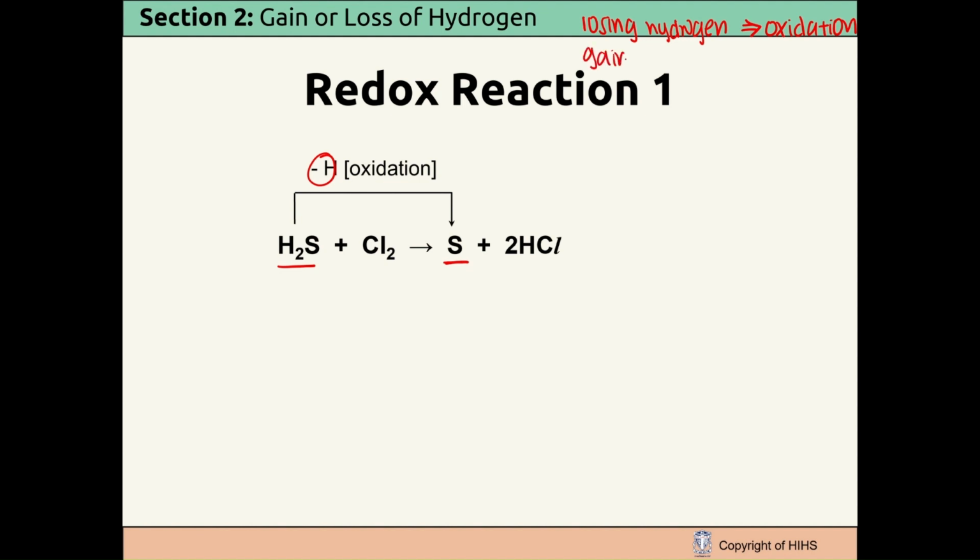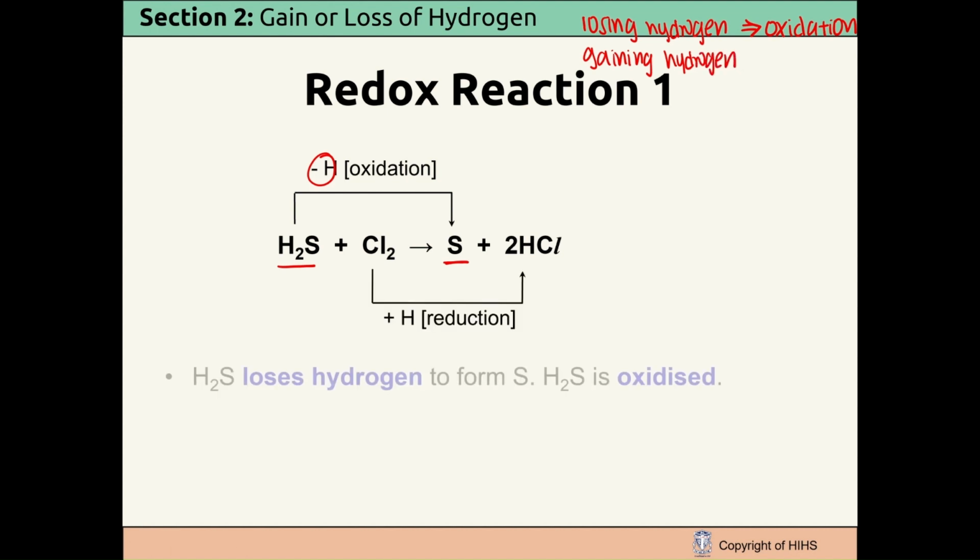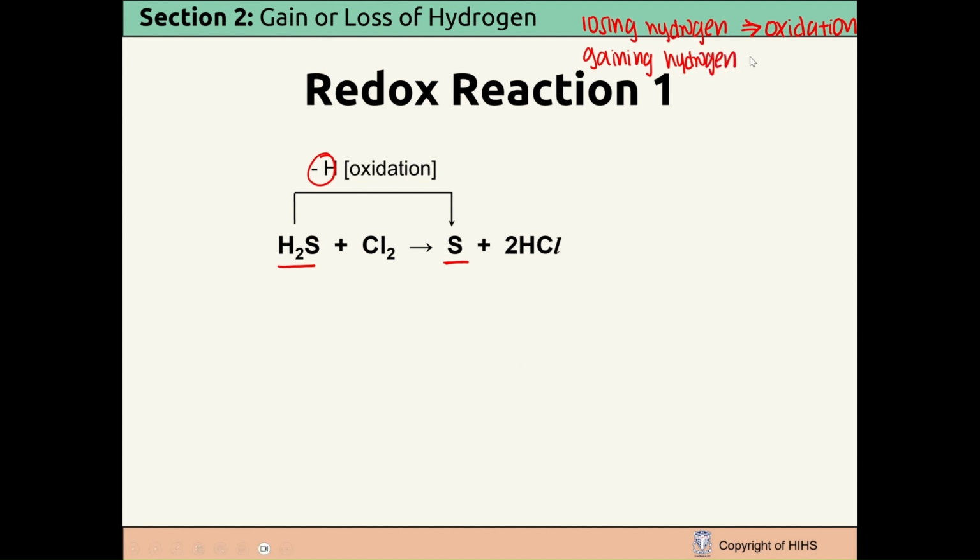Gaining hydrogen, this is reduction. So your hydrogen sulfide, it loses hydrogen to form sulfur.